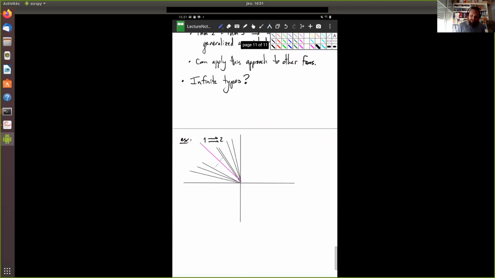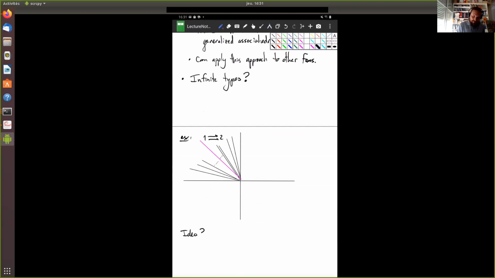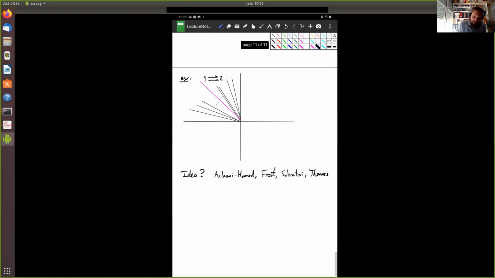And an idea that seems to work, and this is in discussions with Kani Hamed, the correct alphabetical order is Hadley Frost, Giulio Salvatori, and Hugh Thomas, is that maybe you can take a truncation of this, and then you have a smaller fan, maybe something like this.